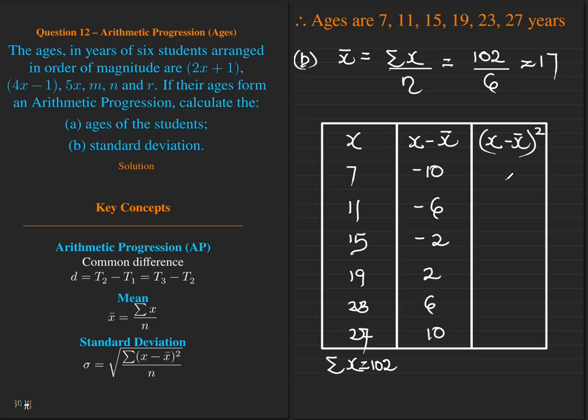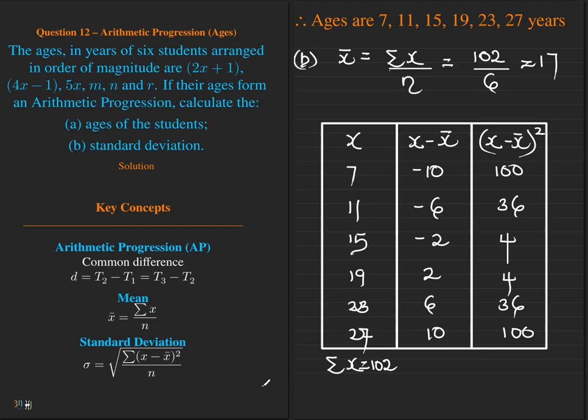Then we square all these deviations. So 10 squared gives us 100. Negative 6 squared gives us 36. Negative 2 squared gives us 4, since when we are squaring negative numbers, we get a positive result. 2 squared gives us 4. 6 squared gives us 36. And 10 squared also gives us 100.